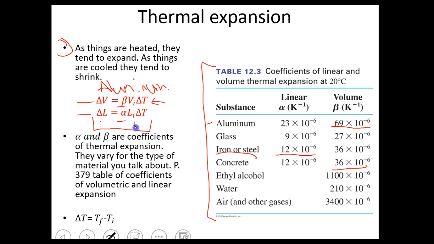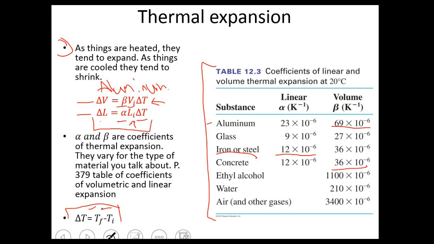In both of these formulas, L sub i and V sub i are the initial length and the initial volume. And then all we do is we multiply that by the coefficient of that material, and by the change in temperature. I want to make this really important note that anytime you see delta T or delta anything in a formula, it is the final version of that minus the initial version of that.